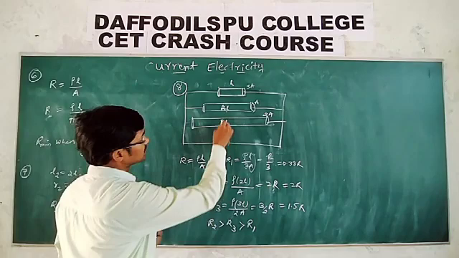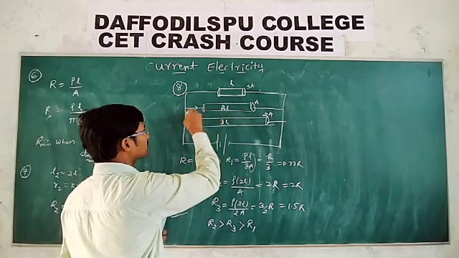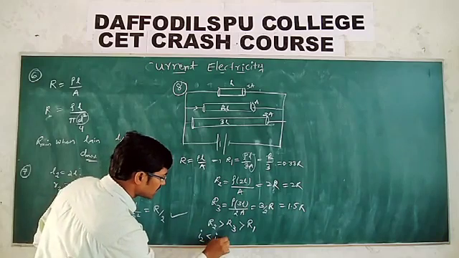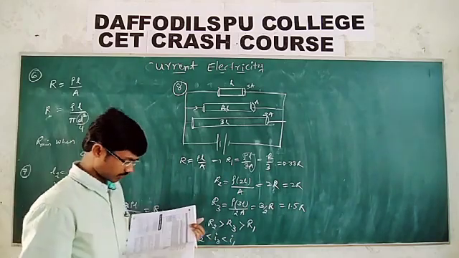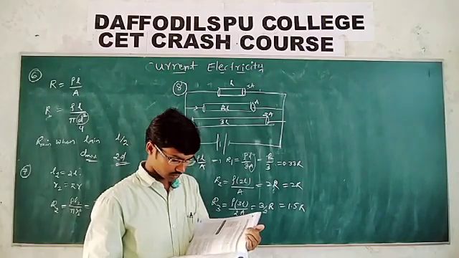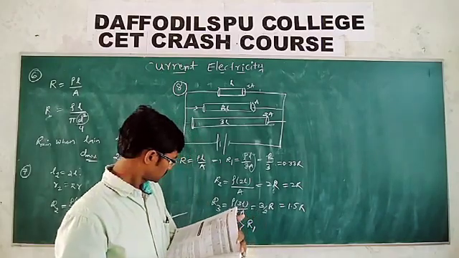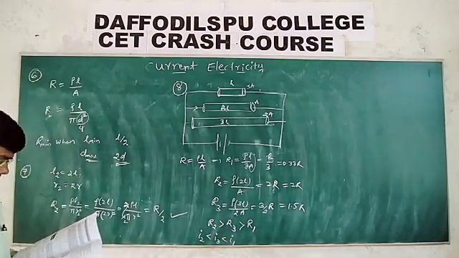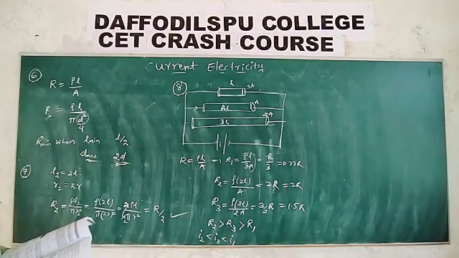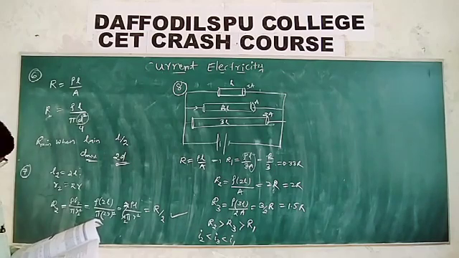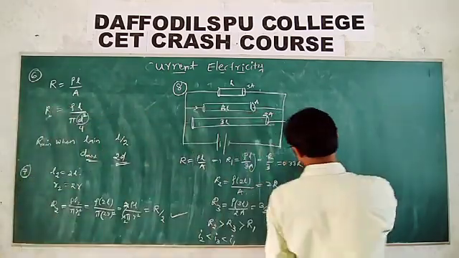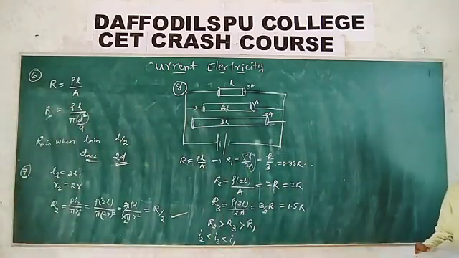So R2 has more resistance, so less current flows through it. Therefore I2 is less than I3, which is less than I1. Which is the third option. Less resistance means more current flows in that resistor.